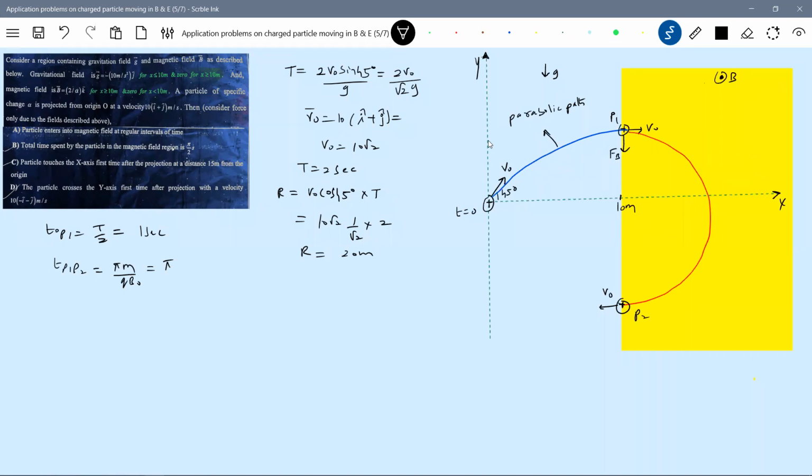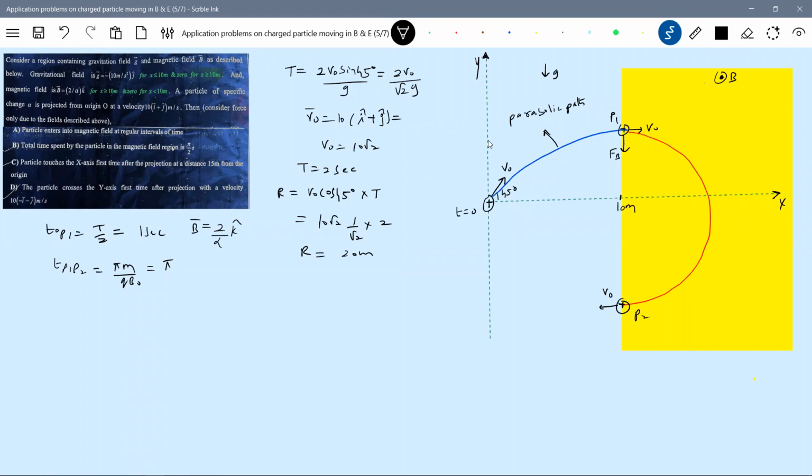So what is the b0 value? The b bar is 2 by alpha k. Alpha is q by m.